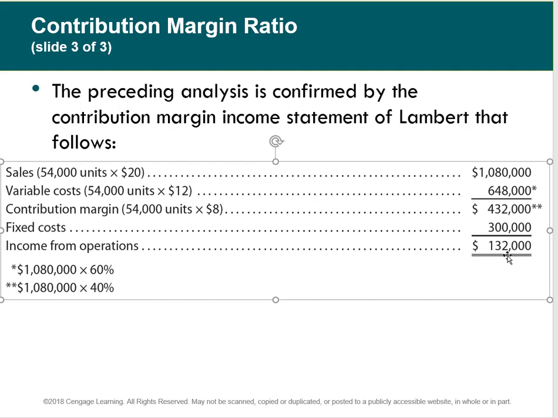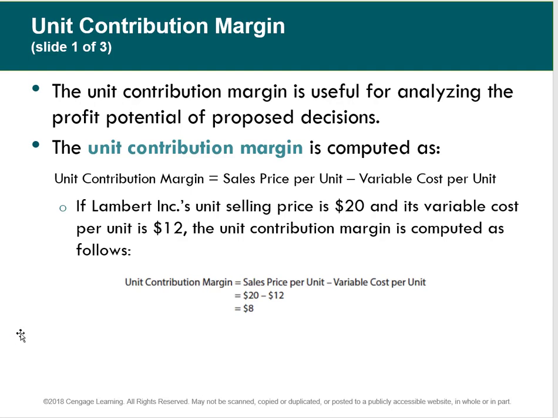Just like it said. Now, the unit contribution margin is useful for analyzing the profit potential of proposed decisions. Like if their selling price is 20 and their variable cost is 12, the unit contribution margin is $8, right?